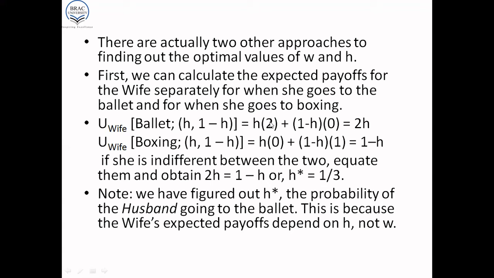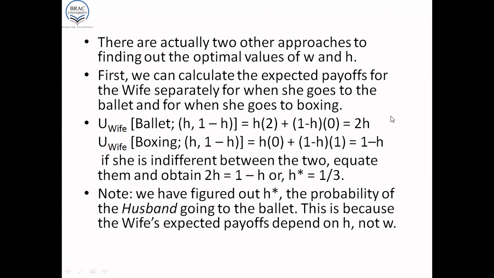Okay, so the thumb rule is my payoff, but the other's probability. So 2 and 0 represent the wife's payoffs, but H and 1 minus H represent the husband's probabilities. Again, 0 and 1 represent the wife's payoffs, but H and 1 minus H represent the other person, the husband's probabilities. And when you've simplified, you get 2H and 1 minus H.